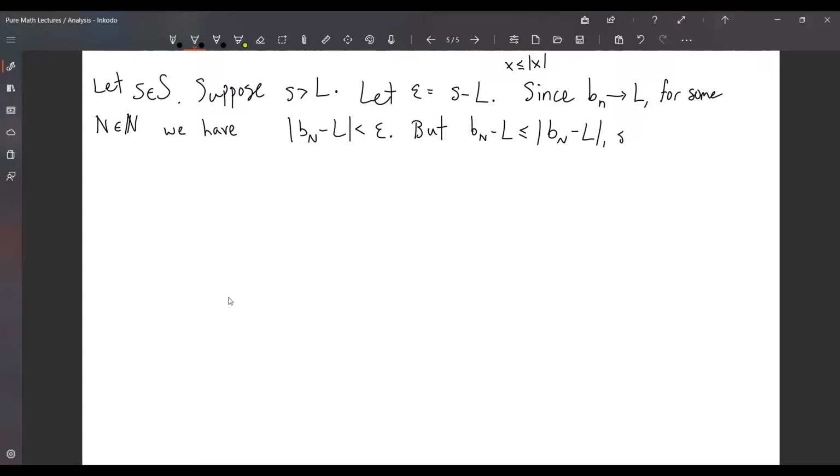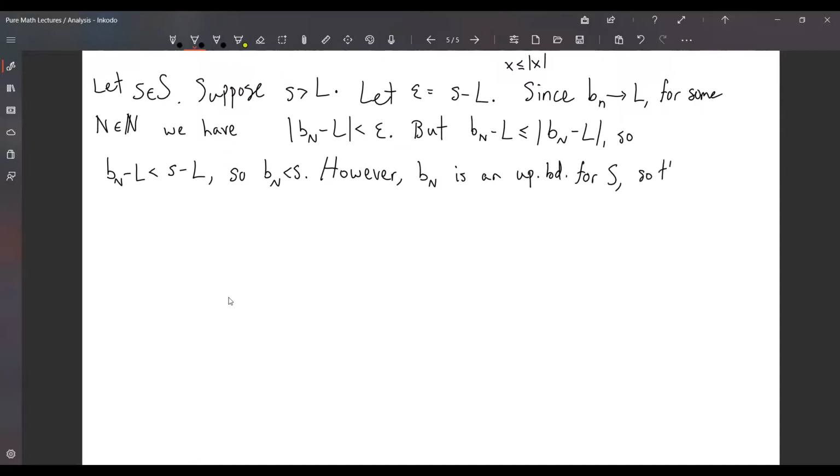So B sub big N minus L is less than epsilon, which is s minus L. So B sub big N is less than s. However, B sub big N is an upper bound for S. So this is a contradiction.